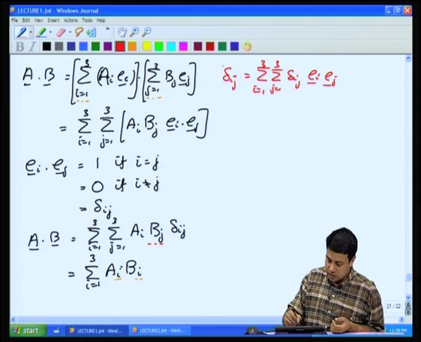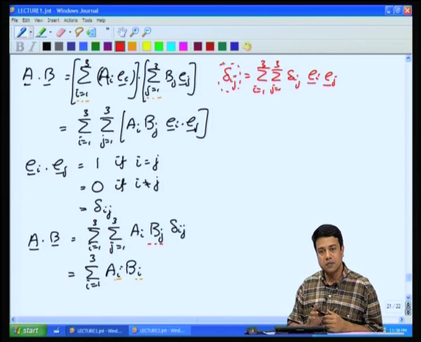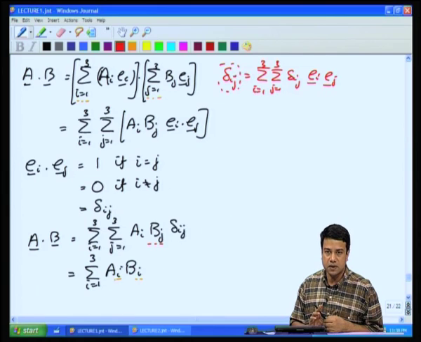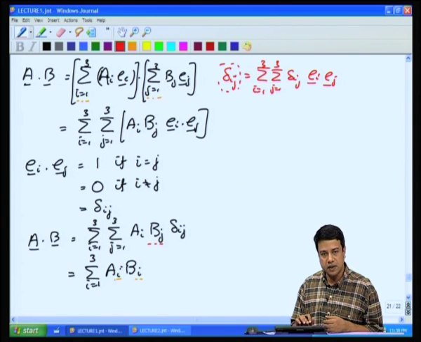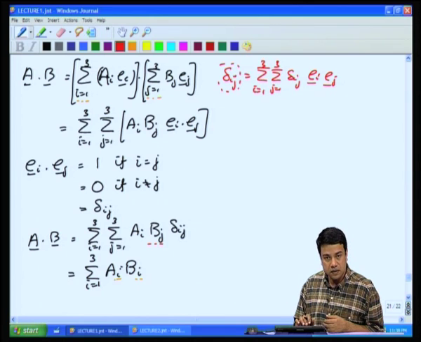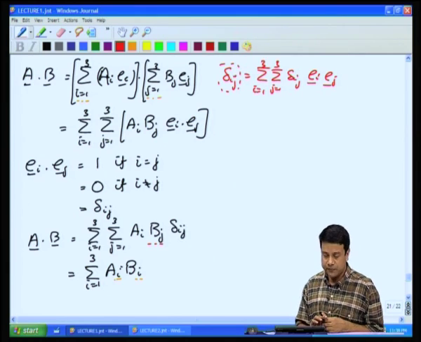In my shorthand notation, I just wrote this as delta_ij, whereas in my longhand, I have delta_ij with 2 unit vectors sitting next to it. So this second order tensor is dotted with both the vectors a and b to get the dot product of the two vectors, which is a_i times b_i. And what I have here is once again one repeated index and one summation, no unit vectors, because it is a scalar.